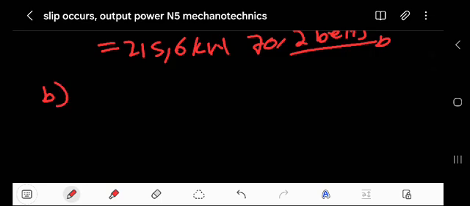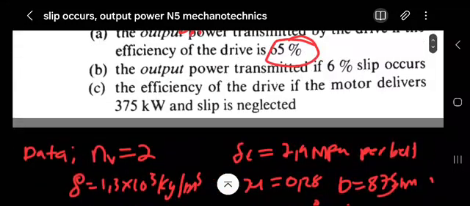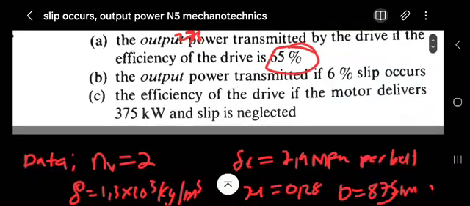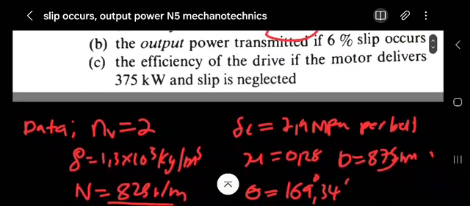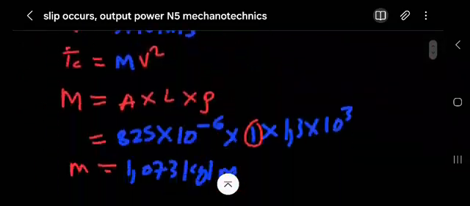Let's check number B now. Is the total transmitted by 2 belts, because you've given 2 belts. The output power transmitted, again they want the output power transmitted if 6% slip occurs. This is a typical question, you must know the output power if we have the slip.